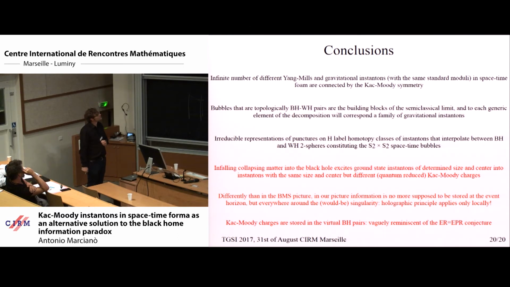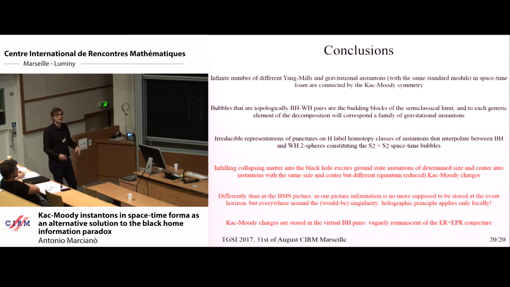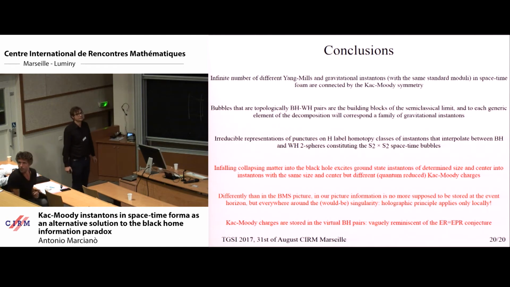So we have seen that we can have bubbles that are topologically black hole, white hole, which are the ones that are dominant in the path integral in the spacetime foam approach, and that on them we can recover self-dual solutions. We have developed a way to link these self-dual solutions to some intuition that we took from loop quantum gravity as a fundamental theory at the microscopic level.